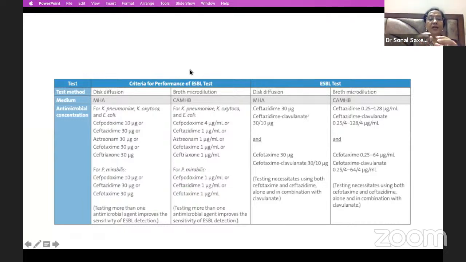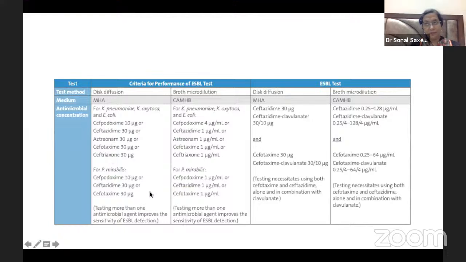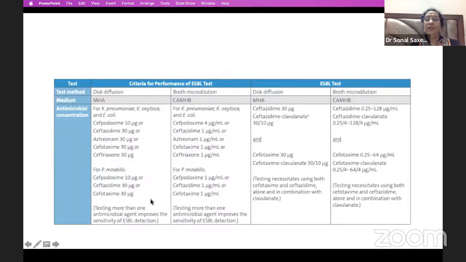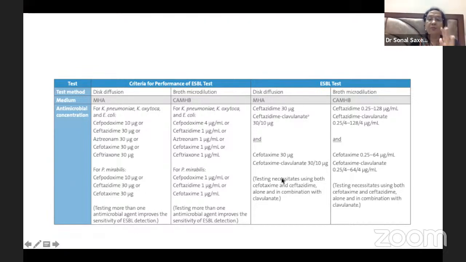Now, what is the criteria of performance of ESBL test? If you look at the disc diffusion or the MIC, you will realize if you are using any of these drugs in this concentration, you actually do not need to do separately for ESBL. So if they are positive for any of these, then you presume that they will have ESBL for treatment purposes.